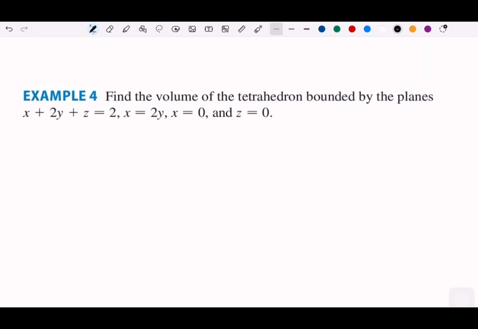Tetrahedron means it's similar to a pyramid, but the base is a triangle. And it is bounded by the planes. There's this plane, and then we have the line equation on each part of the plane.